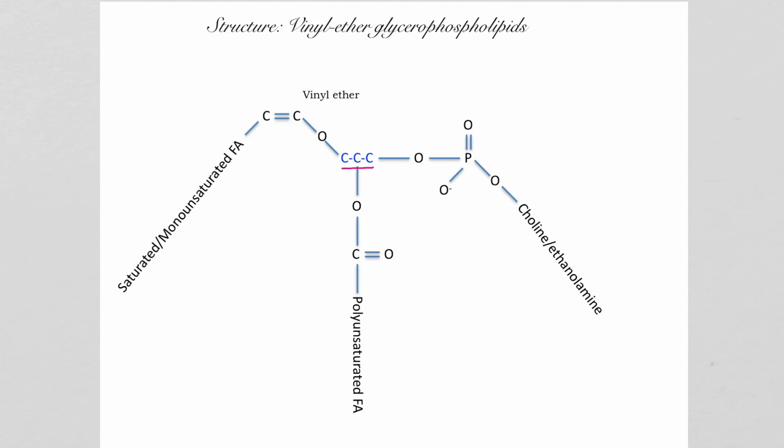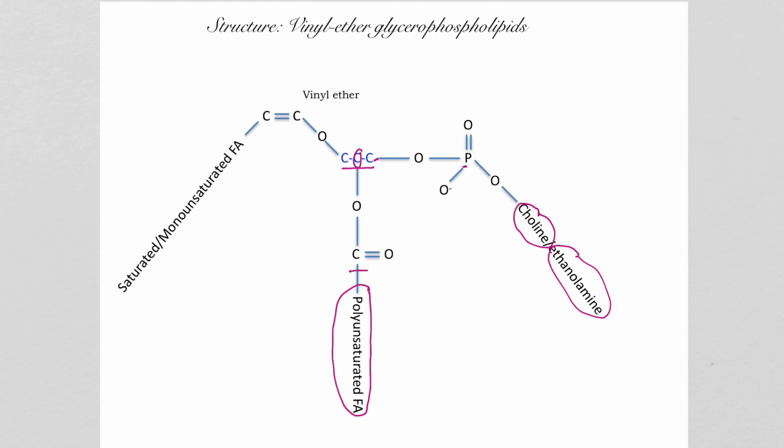So besides the glycerol, one of the carbons of glycerol here you can see is connected to phosphate, and connected to phosphate is either choline or the alcohol ethanolamine. And connected to the middle carbon here is a polyunsaturated fatty acid, one of the polyunsaturated fatty acids.